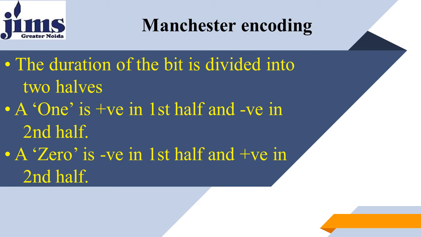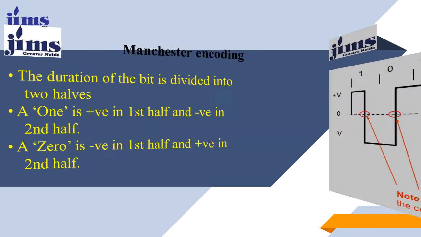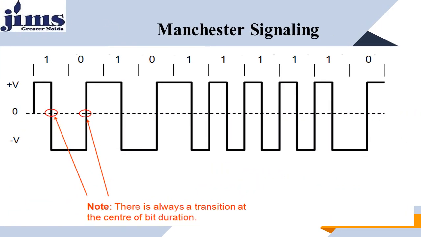So to understand Manchester encoding, our data is, say for example, 1 0 1 0 1 1 1 1 1 0, right? So whenever 1 comes in the picture, look at this 1.